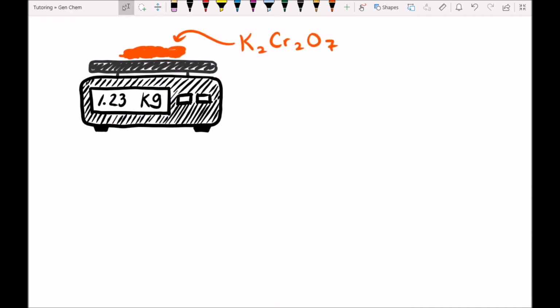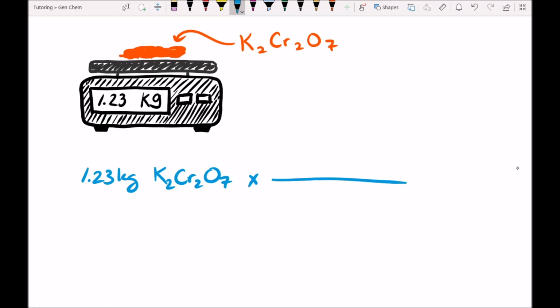Here we have some orange potassium dichromate on a balance. And here the balance reads 1.23 kilograms. So 1.23 kilograms of potassium dichromate, that's K2Cr2O7. We have to multiply this by an additional conversion factor to get us into units of grams.